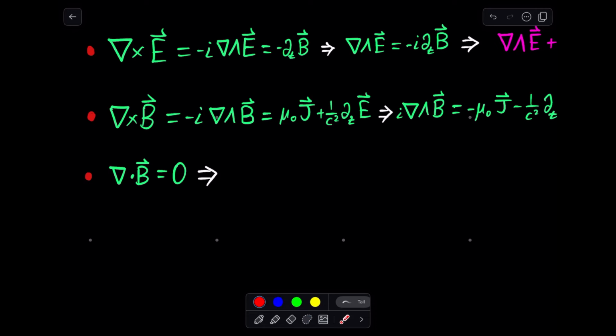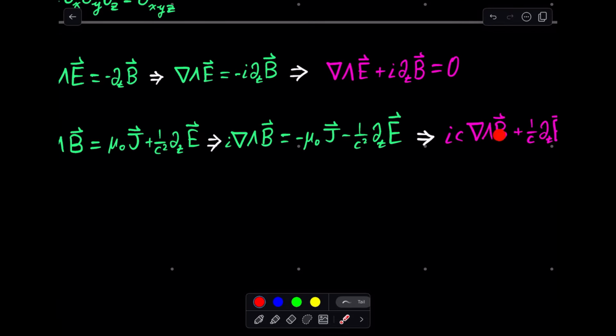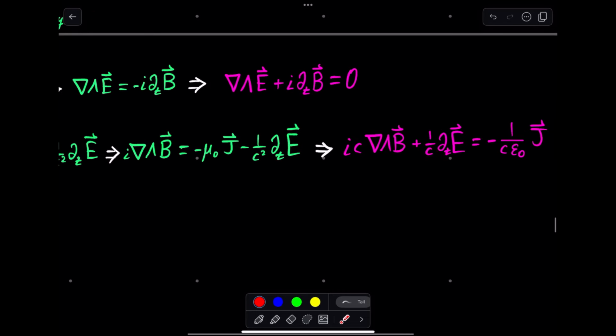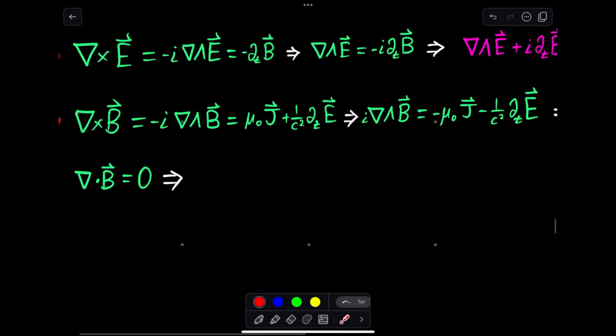Well, we have IC times this component that has B. There's an I here as well, and we can reason that a C will show up here, because if we put a C here, then we have a 1 over c, which would mean a 1 over c next to the dt, just like we have here. So we can reason that that IC is actually a fundamental part of this equation. So we can write this as IC divergence of B equal to 0.